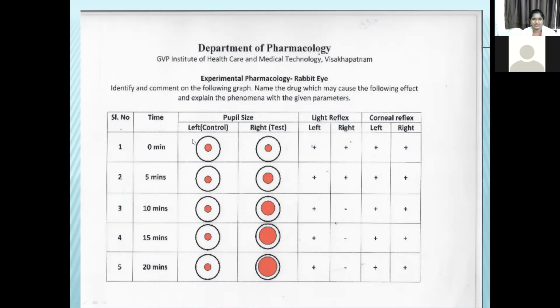So here you can see the left eye as a control and the right eye as a test eye.